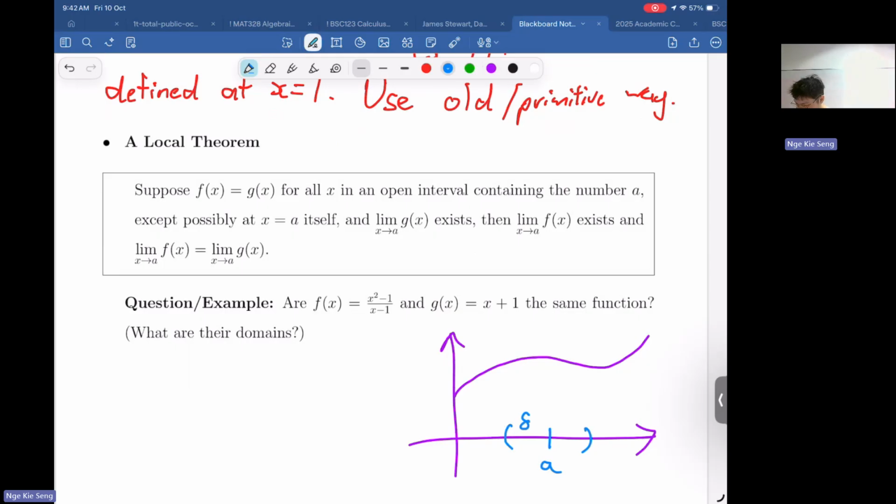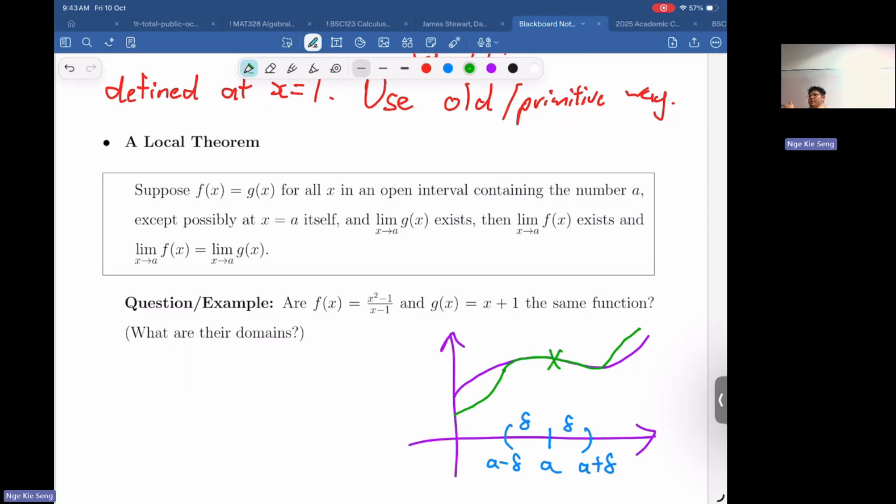If I say this distance is delta, maybe one side is 1 minus delta, the other side is 1 plus delta. If they are the same around this open neighborhood, maybe they can deviate at other places. Then their limit when x goes to a, if both of them exist, should be the same.